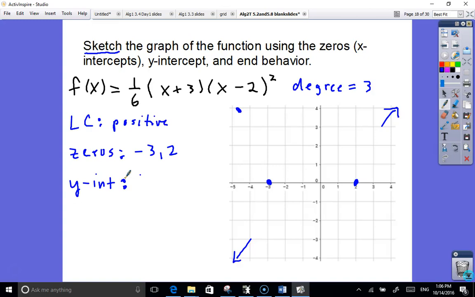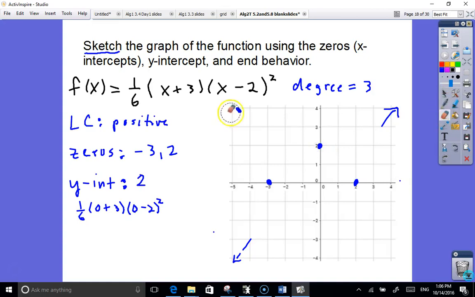So I'll go 1/6 times 0 plus 3 times 0 minus 2, squared. And what's that going to be? The -2 squared is 4, times 3 is 12, divided by 6 is 2. So we know that it has this point on it too.